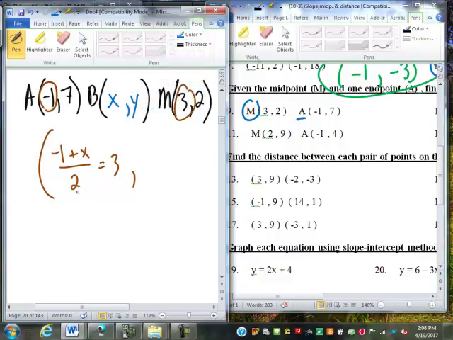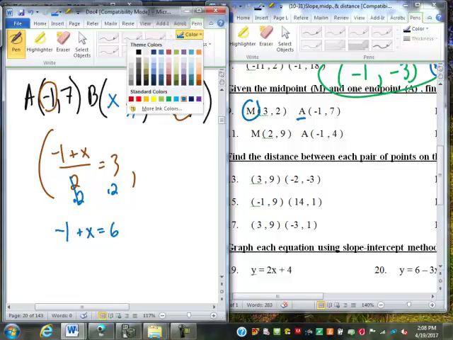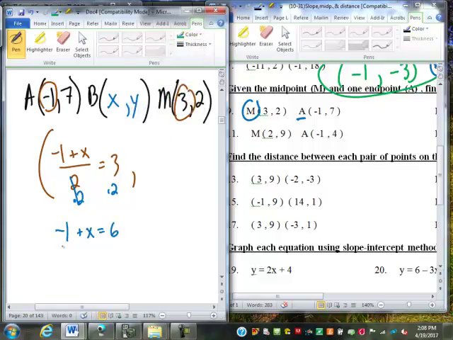To solve for X, we have to multiply by 2. So negative 1 plus X equals 6. And then add 1. So X equals 7. So the X coordinate here is 7.